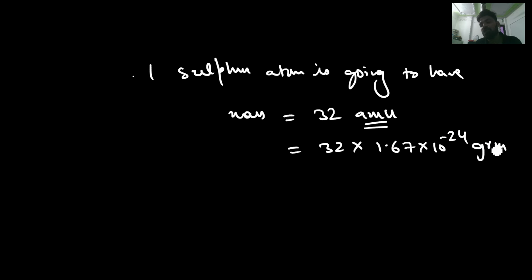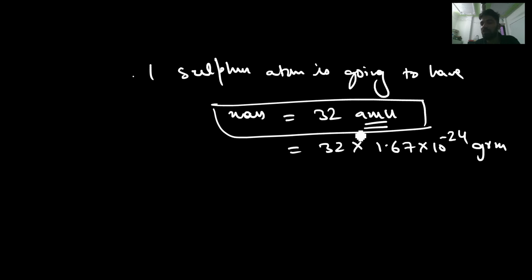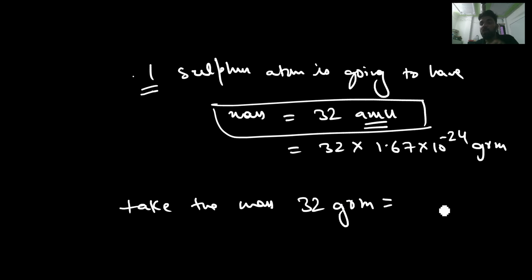This is a very small value. So if you take the mass of 32 grams instead of 32 AMU, it is equivalent to the mass of 6.022 into 10 to the power 23 atoms of sulfur.